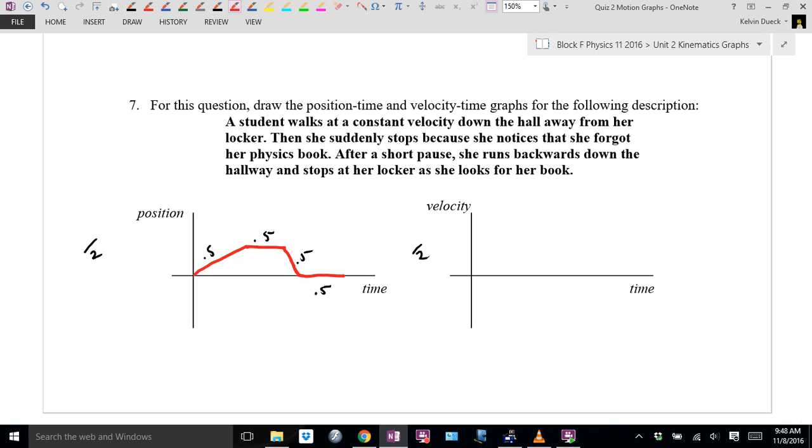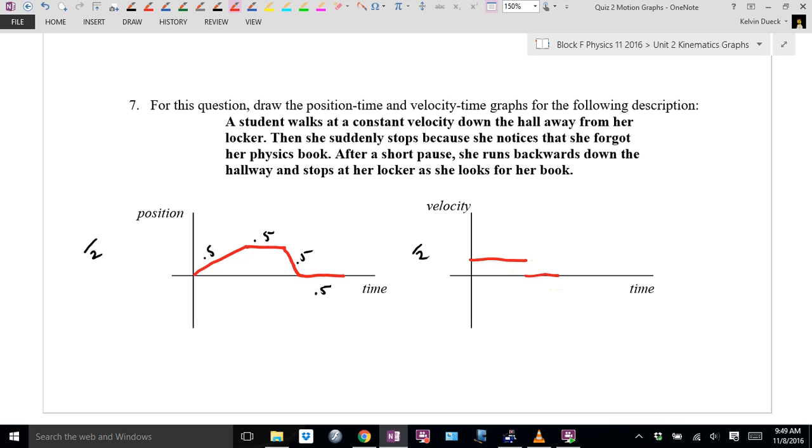Now, the velocity versus time graph. She walks at a constant speed forwards. I would look for a horizontal line as your first line. Suddenly she stops. Horizontal line on the x-axis for your second line. She runs backwards. How would I show backwards on a velocity versus time graph? Below the x-axis.